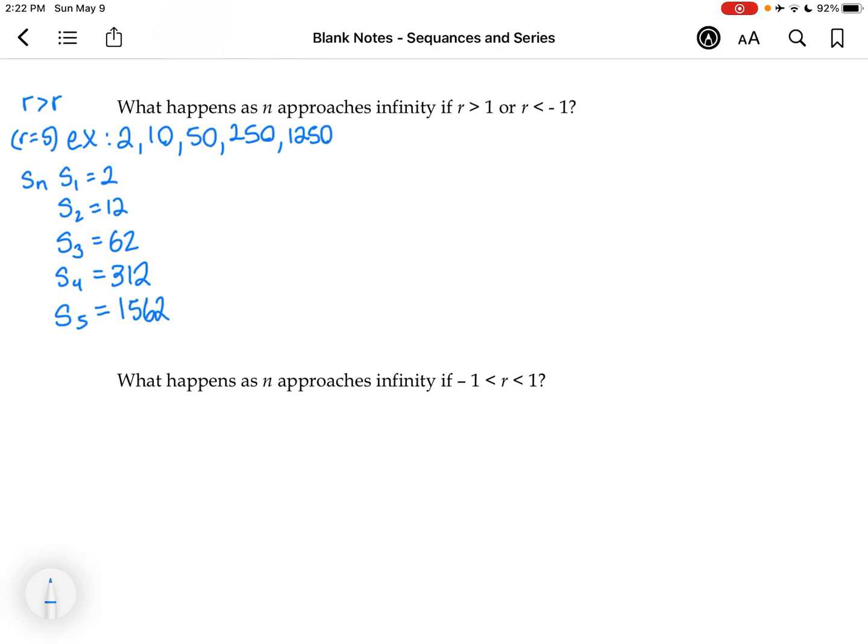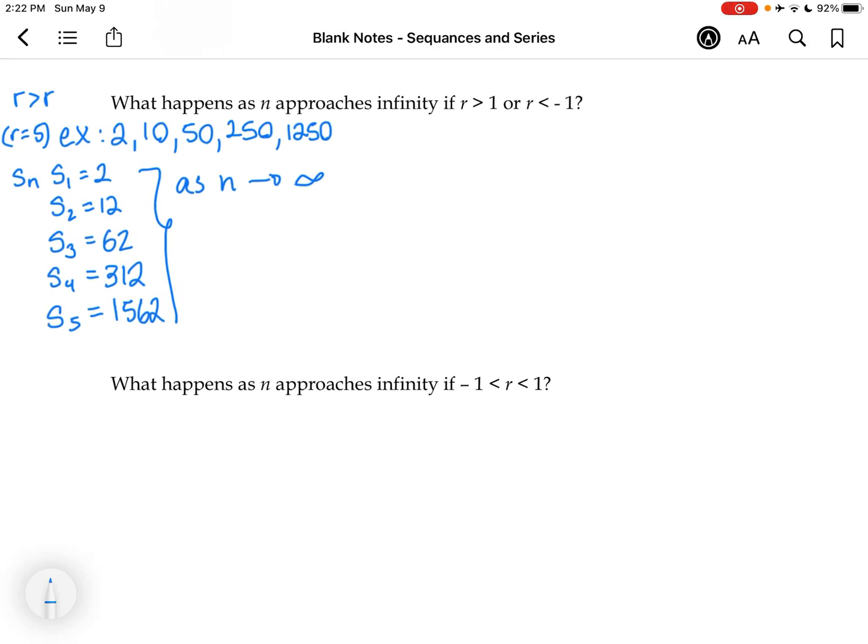As the term number gets bigger, the sum also gets bigger, and it gets considerably bigger quite quickly. So we can make a generalization that as n approaches infinity, the sum is also going to approach infinity.